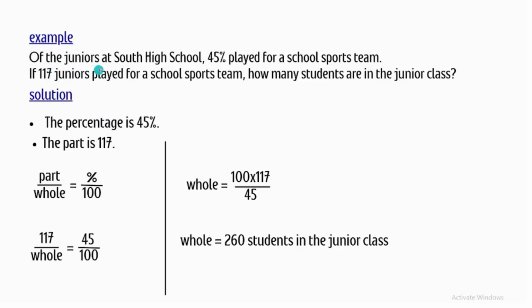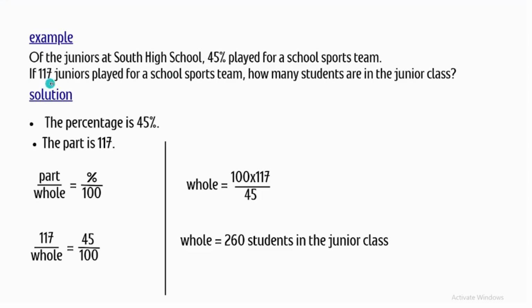Example: of the juniors at South High School, 45% played for a school sport team. If 117 juniors played for a school sports team, how many students are in the junior class? 45% is the percent and 117 is the number who play sports.